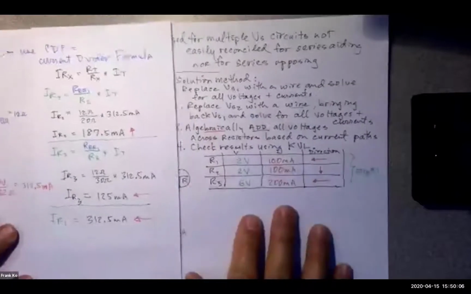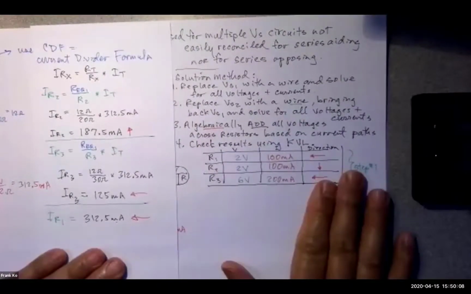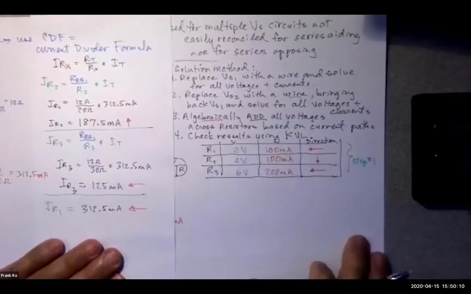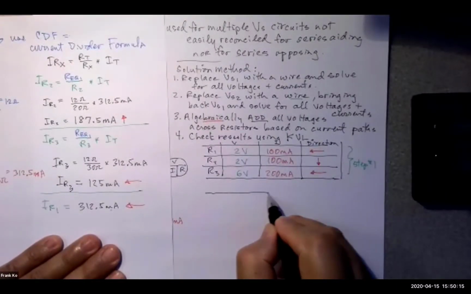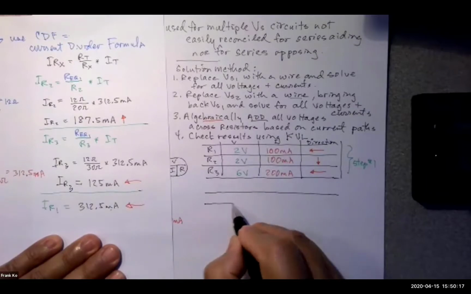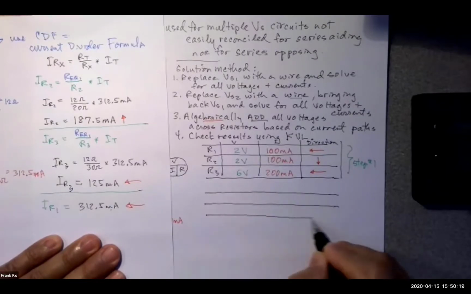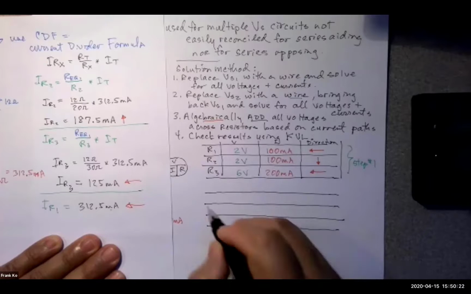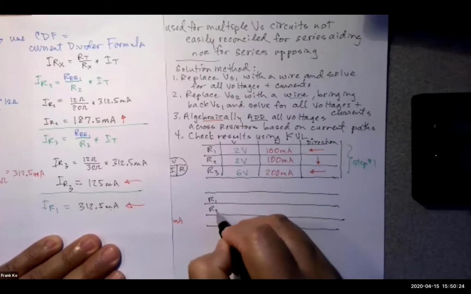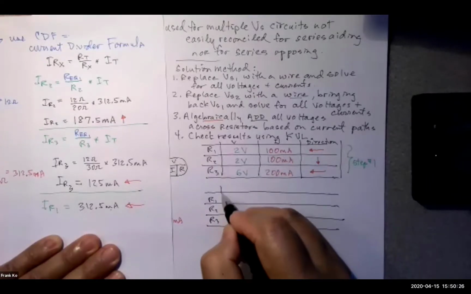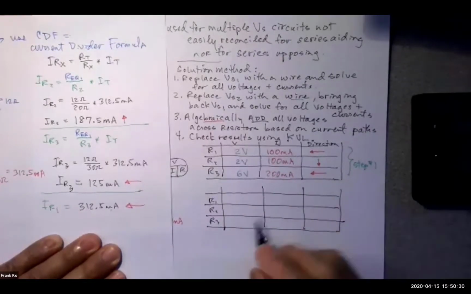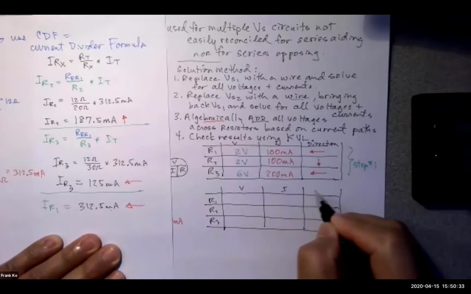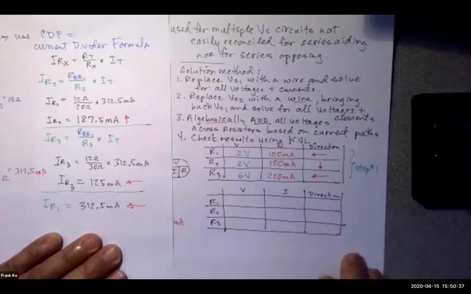So on our first sheet, we happen to have this chart, and I'm going to mimic this chart right here, for R1, for R2, for R3, for the values of a V, an I, and direction.